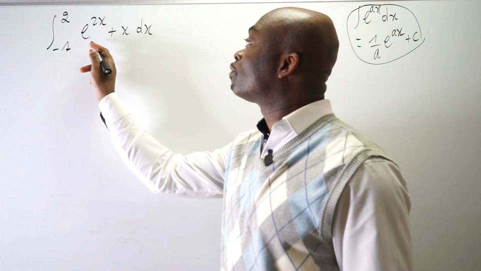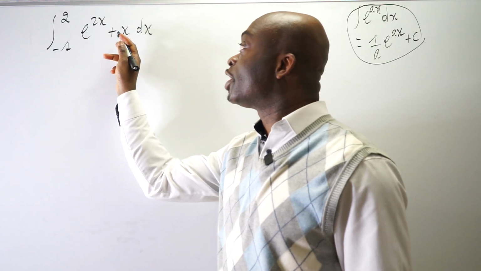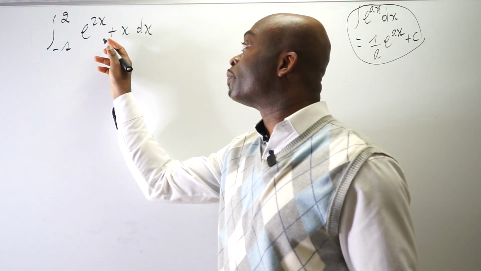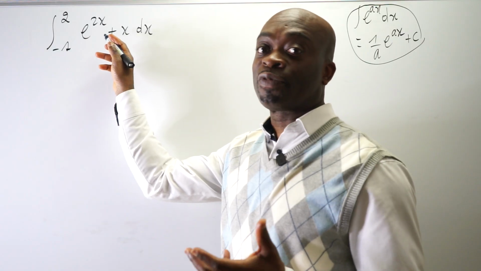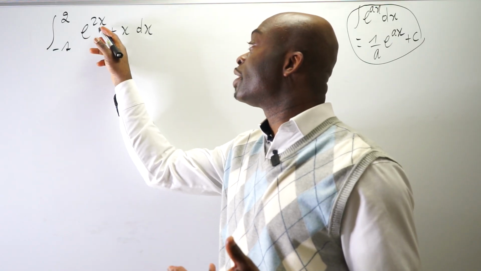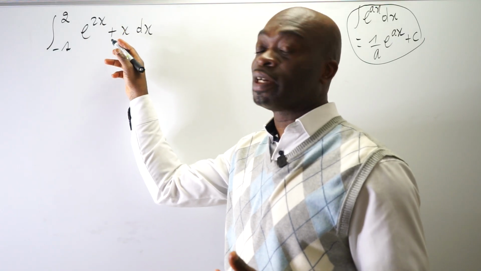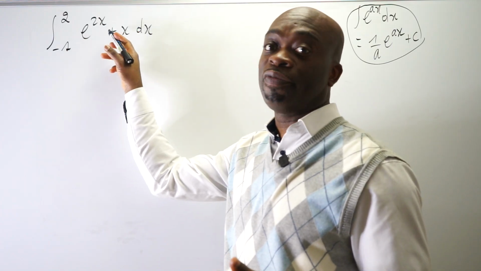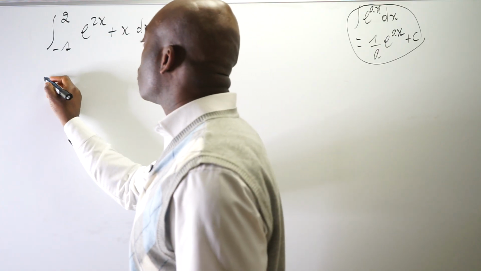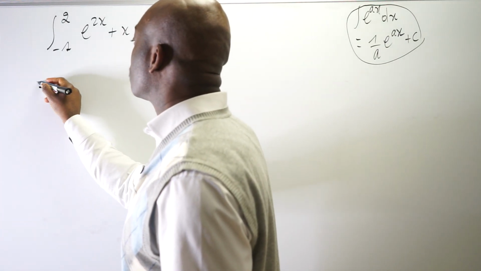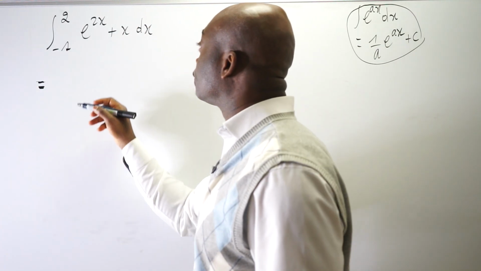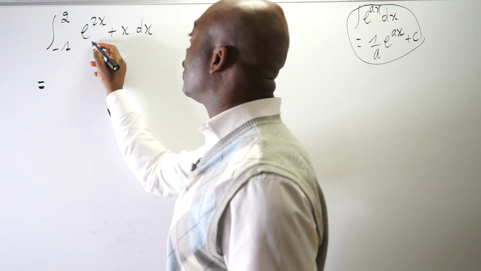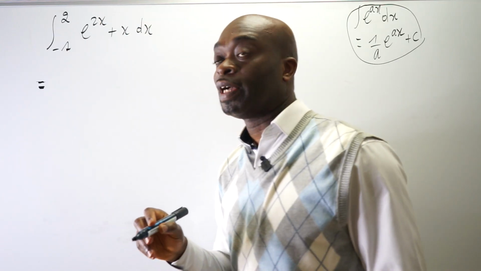Now we have a function which is set up as the sum of 2 functions, correct? That's exponential 2x, then plus x. So what we can do is find the integral of this one here, and then find the integral of x. So what is the integral of exponential 2x?